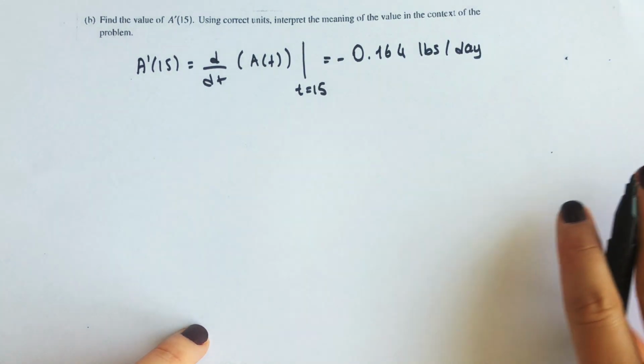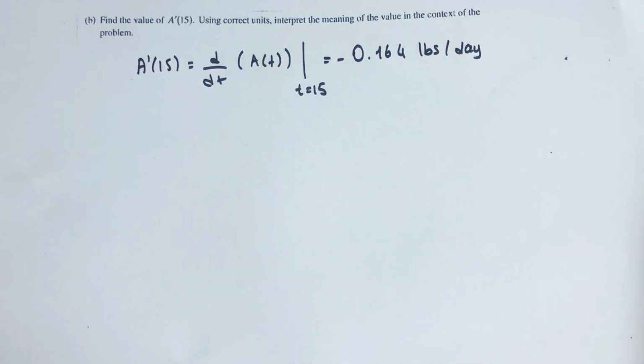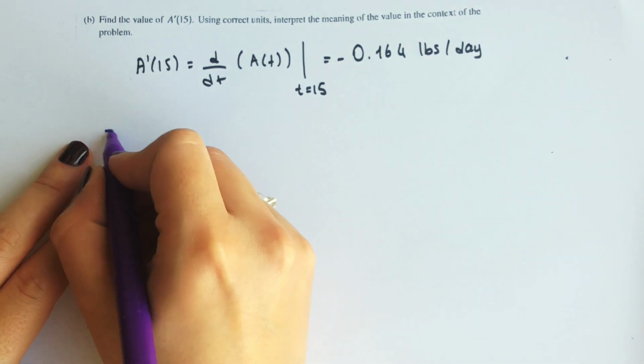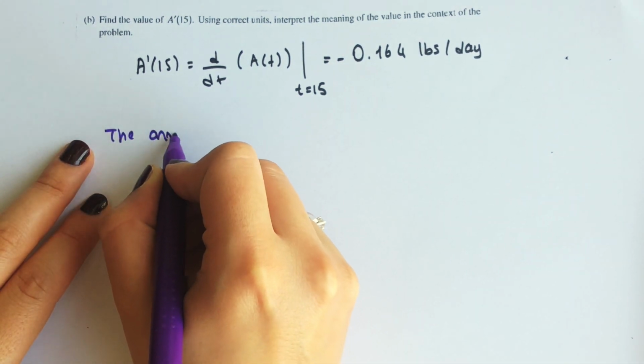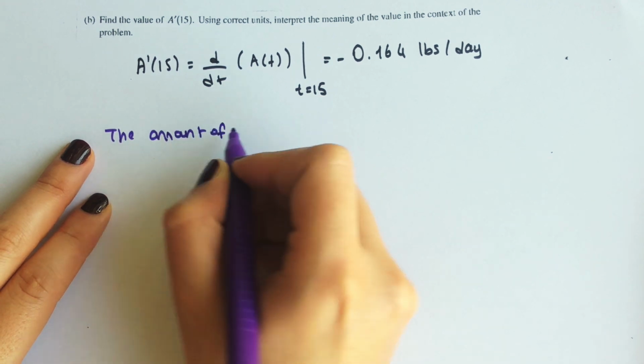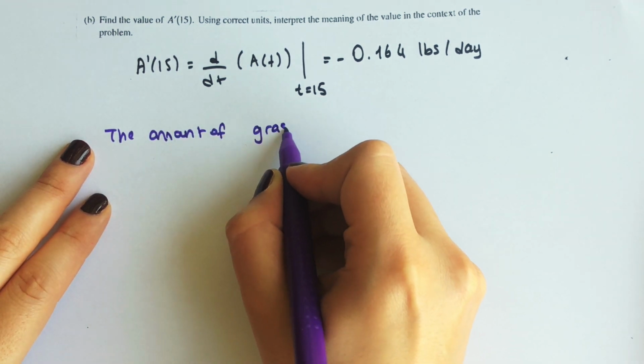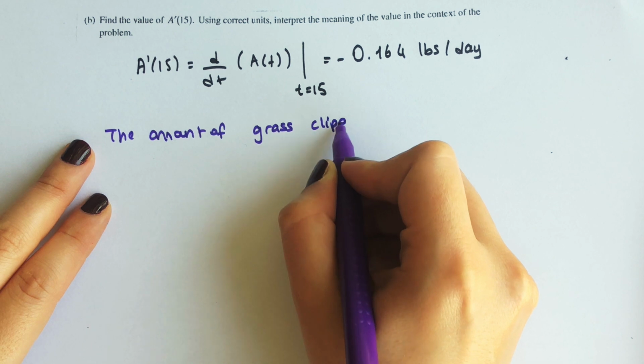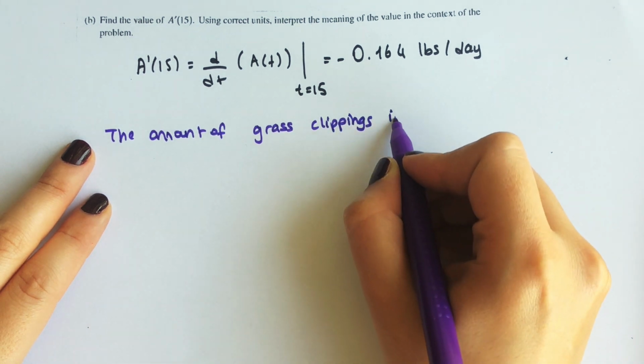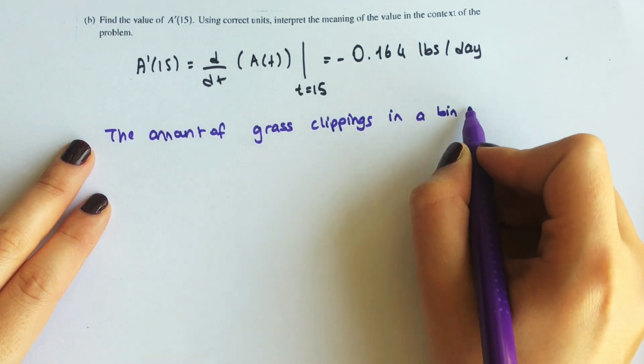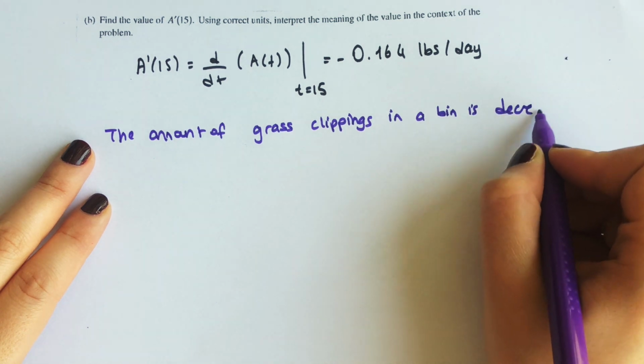But it doesn't end. We need to interpret the result. What does the result say? The amount of grass clippings in the bin is decreasing.